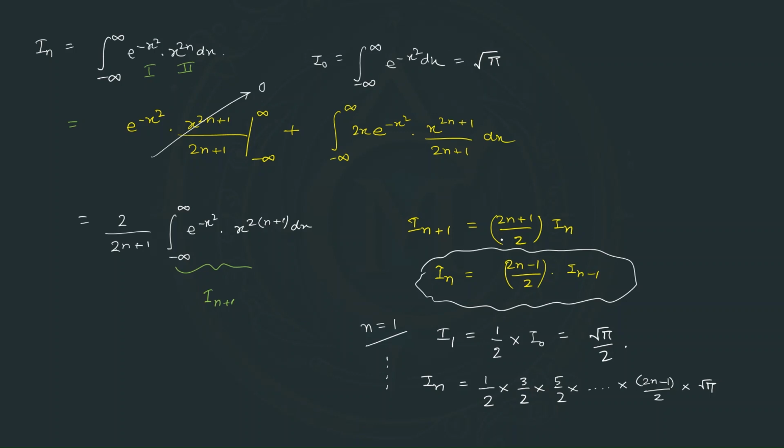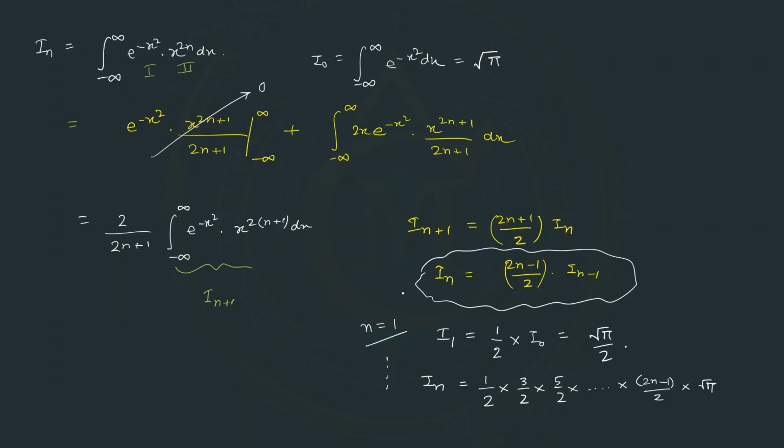So we can write this I n here as this product of first n odd numbers can be written as 2n minus 1 times 2n minus 3 times so on up to 3 into 1 divided by how many 2's are there? Total n 2's. So times root pi.